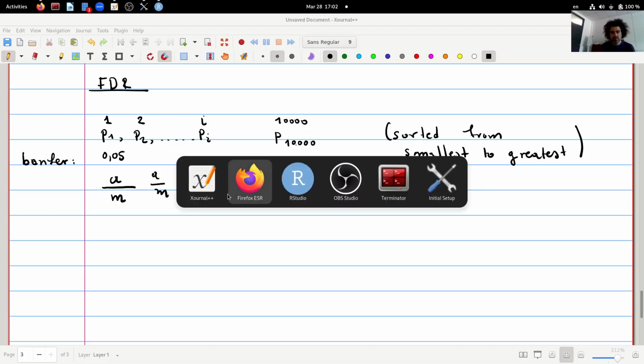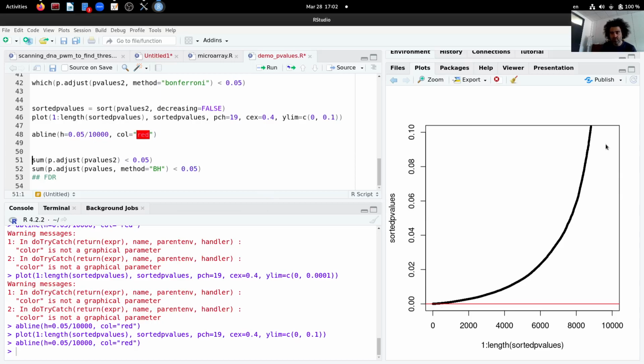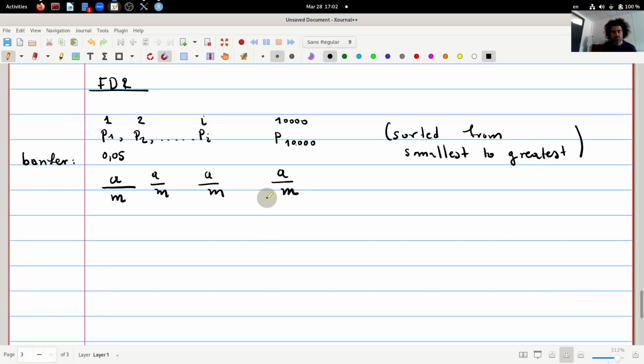Graphically, this is equivalent to what we saw here, that for all of these p-values, the threshold is this red line. Now, instead of doing that, the FDR suggests that the threshold will be this value multiplied by the index of the p-value. So this will be by 1, this by 2, this by I, and this by 10,000. Which means that for greater p-values in a single experiment, the threshold will be greater.